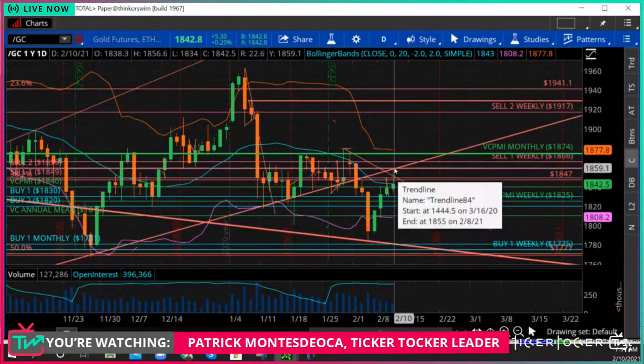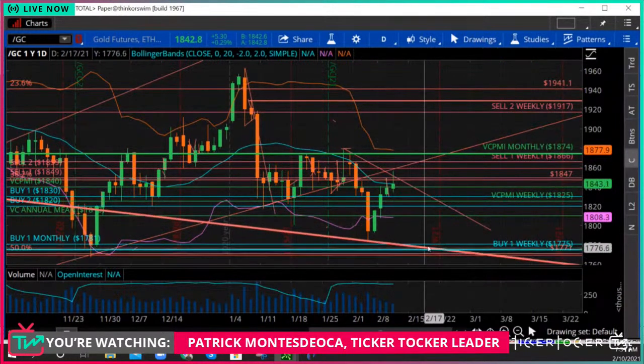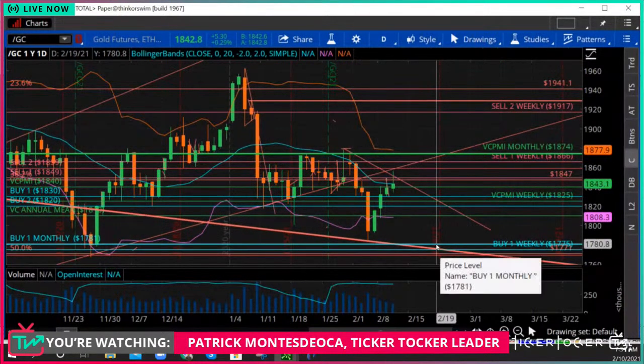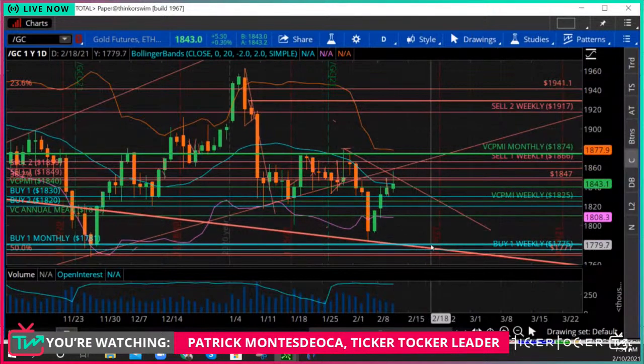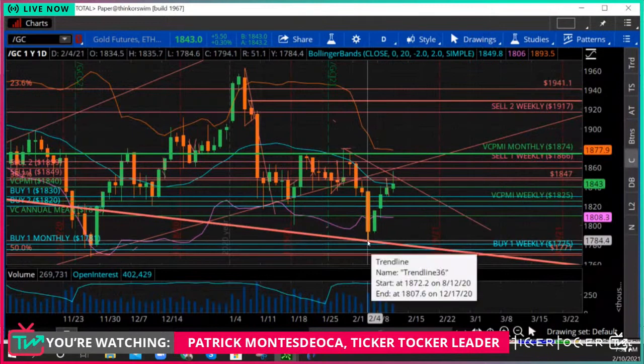The completion of this pattern, according to Elliott wave, is a 5-wave pattern. And that 5-wave pattern points to testing this previous low here that we saw of 1784.60.